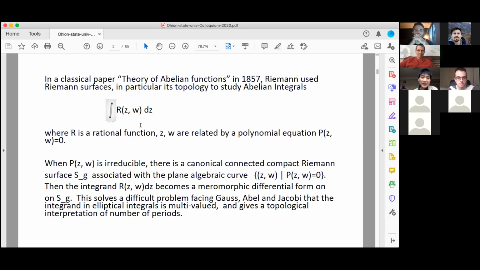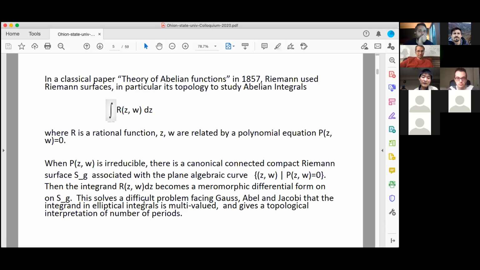Now, if P is an irreducible polynomial, there is a canonical connected compact Riemann surface associated with the plane algebraic curve. The polynomial defines the algebraic curve, and from this algebraic curve we can construct a canonical compact Riemann surface by desingularization and compactification. What's the advantage? Once we have the Riemann surface, the integrand becomes a meromorphic differential form on the Riemann surface.